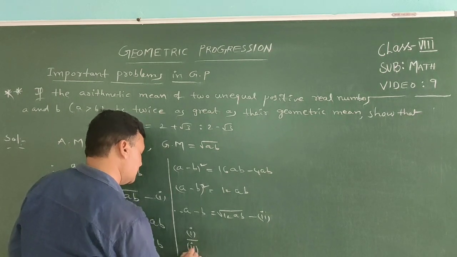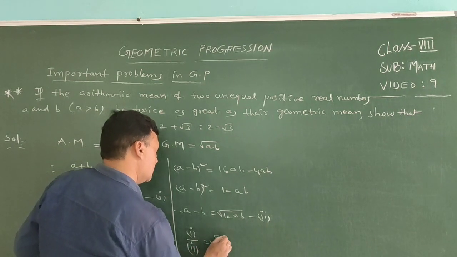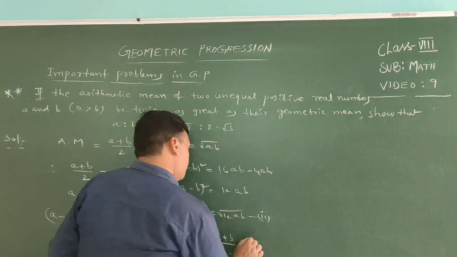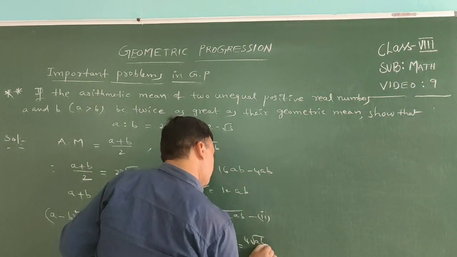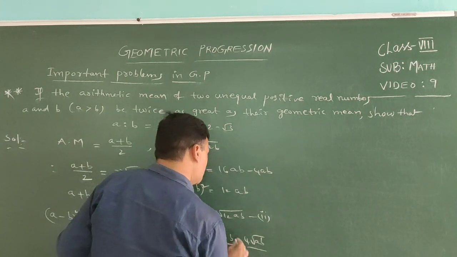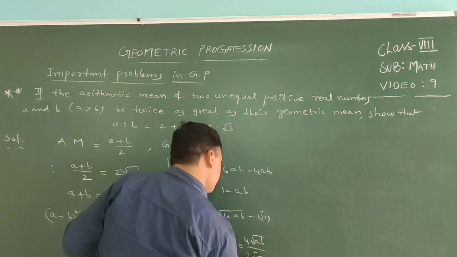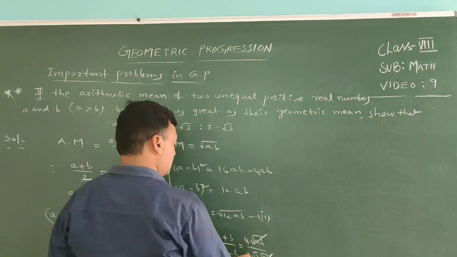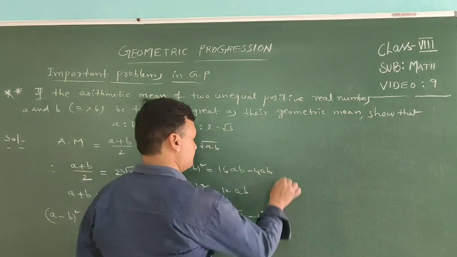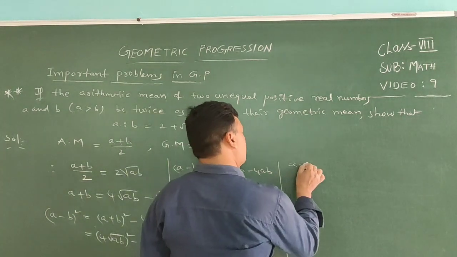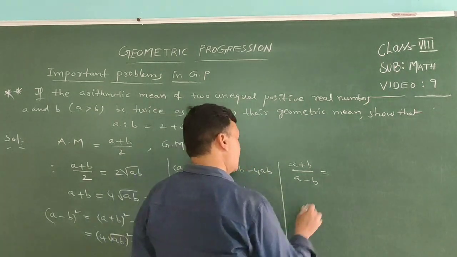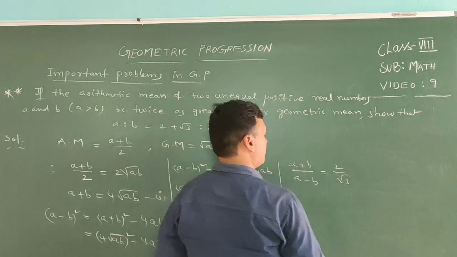If we divide first by second, we get a plus b by a minus b equal to 4 root ab by root 12ab, which is 2 root 3 root ab. Root ab gets cancelled. So a plus b by a minus b equal to 2 by root 3.